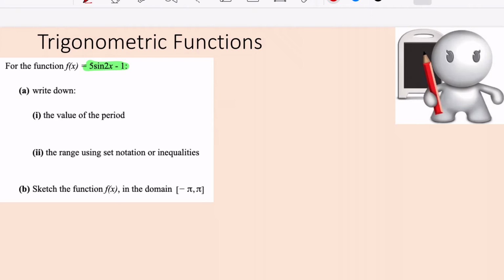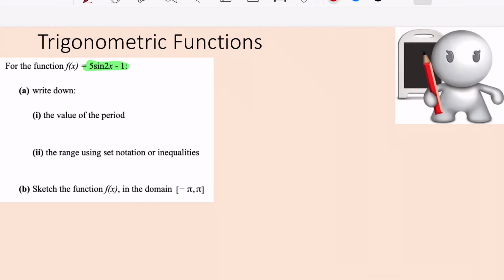Now, I've seen lots of different formulas for periods. Sometimes they're given as L for length, sometimes as T for time. Either way, it doesn't really matter.